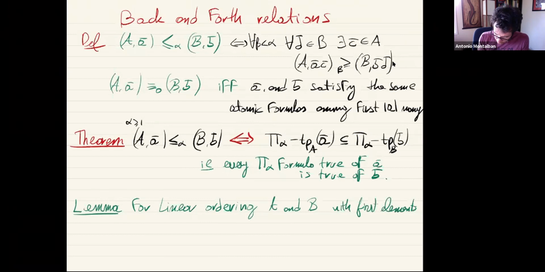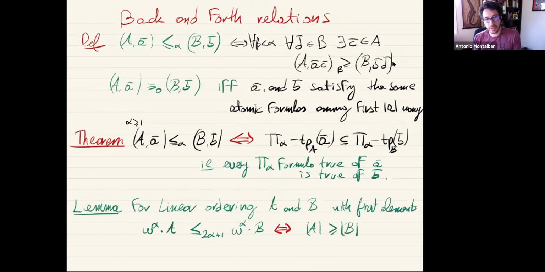We have that omega to the alpha times A is less than or equal in the back and forth relation alpha plus 1 omega to the alpha times B, if and only if the size of A is greater or equal to the size of B. If they are both infinite, they have the same number of elements.